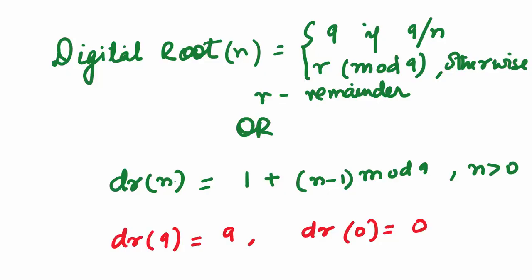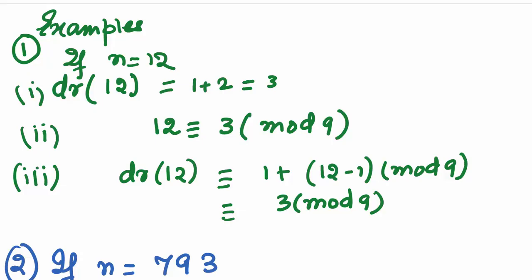Or digital root of n is 1 plus (n minus 1) modulus 9 for a positive integer n. Digital root of 9 is 9 and digital root of 0 will be taken to be 0. To understand this, let's take an example. If you take n to be 12, we will find the digital root in three different ways. First, we are just adding the digits.